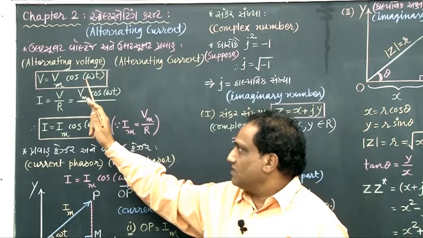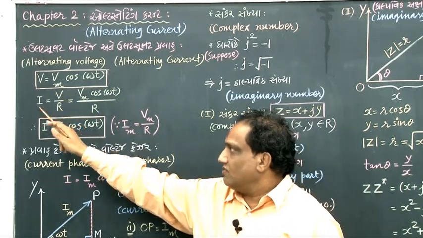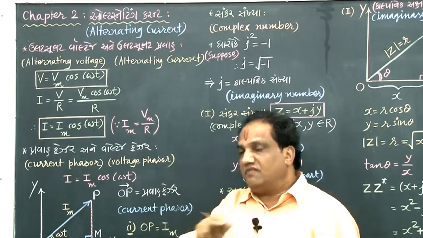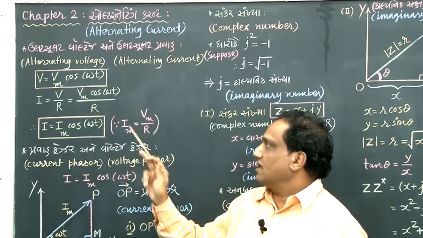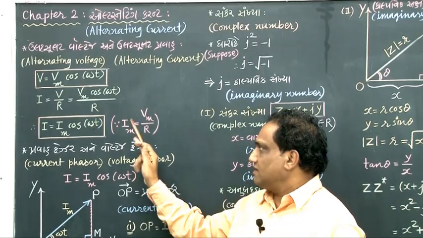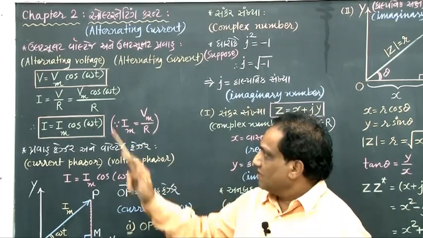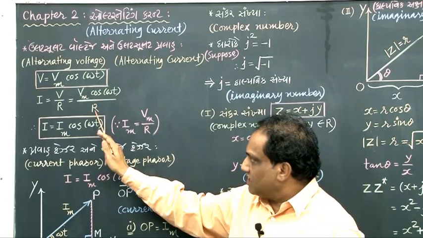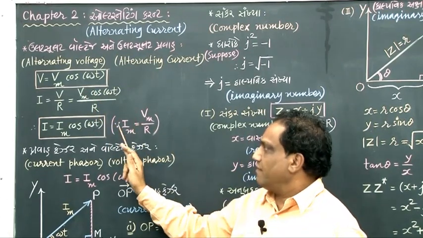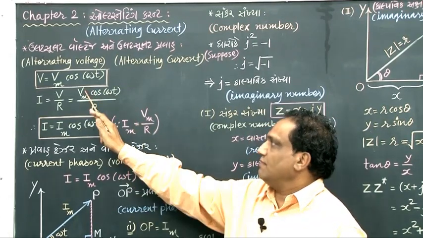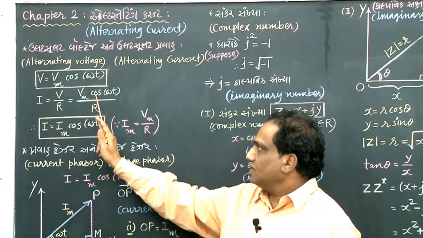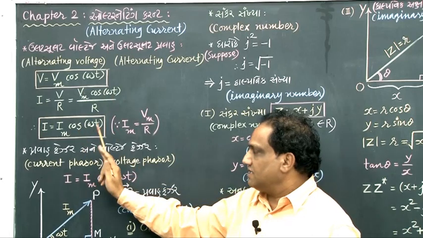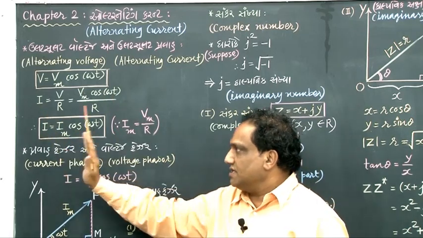If it is voltage upon resistance, it will give you current. But if it is maximum voltage upon resistance, then it will give you maximum current. I repeat, if you have maximum voltage upon resistance, it should be replaced by maximum current. So in place of Vm upon R, I am just putting Im. This cos omega t as it is, I also as it is.